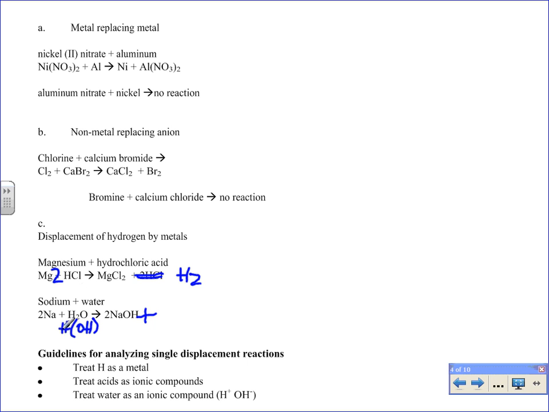The sodium is going to displace the hydrogen as H2, and then the sodium is going to combine with the hydroxide. So your products here are sodium hydroxide and hydrogen gas. So these are the different examples, just a few little tips for when you're studying single displacement reactions.